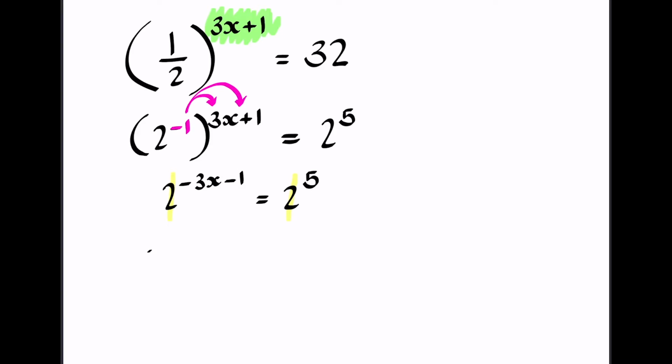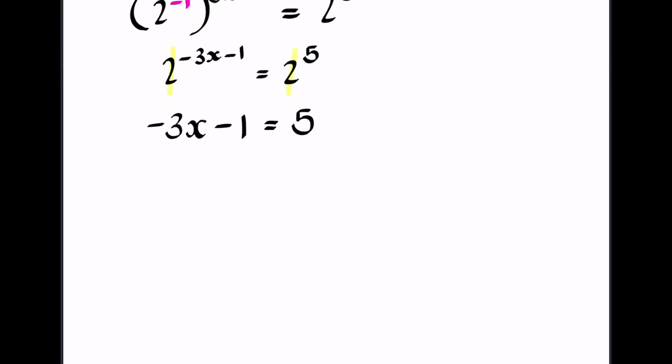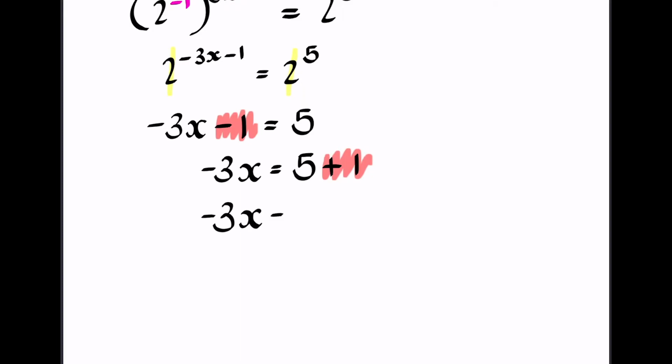So I have negative 3x minus 1 equal to 5. So now I'm going to solve this like a normal linear equation. So I have negative 3x is equal to, the 5 stays the same, stays first. This negative 1, when it goes across, now becomes a positive 1. So I have negative 3x equal to 5 plus 1, which is 6.